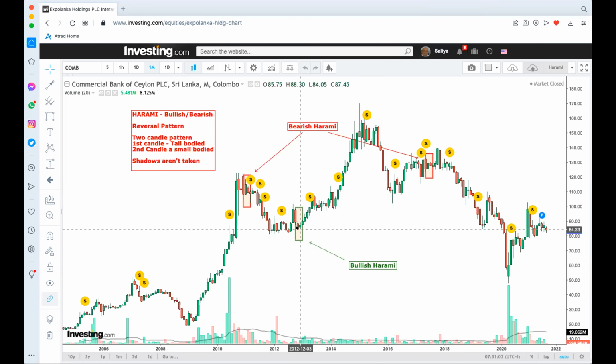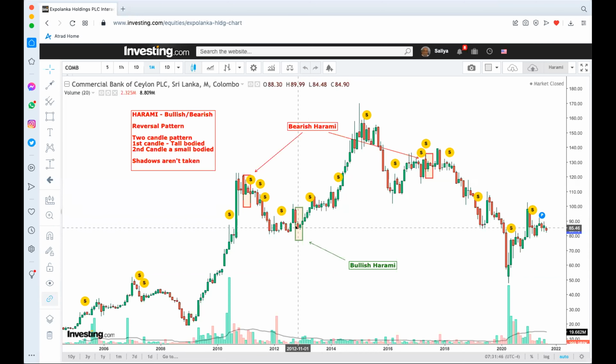If you see something like this, then a breakout above this candle on the next candle will be very important. When you are trading a bullish Harami, we put a GTC order at the high of the first candle, because that high has to be broken for the bullish Harami expectation to happen.